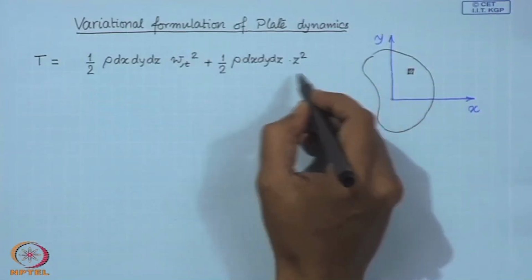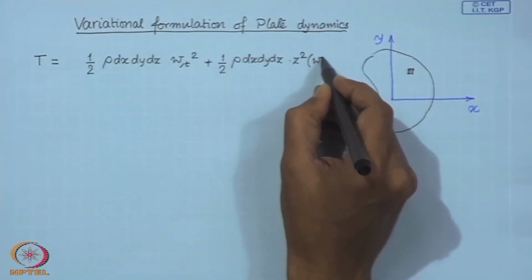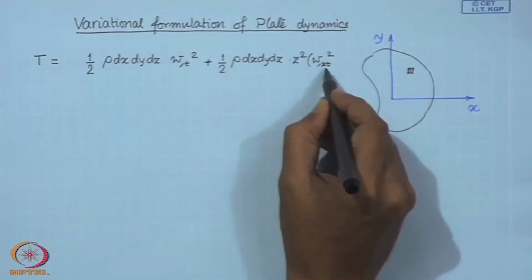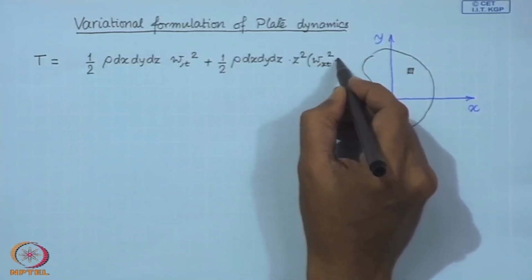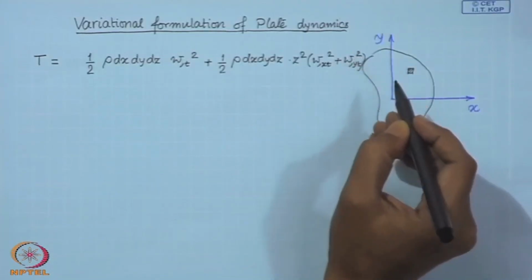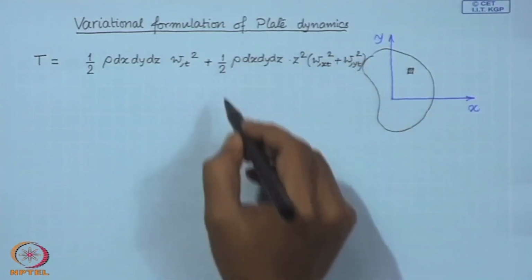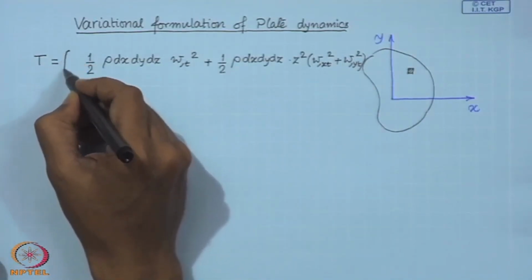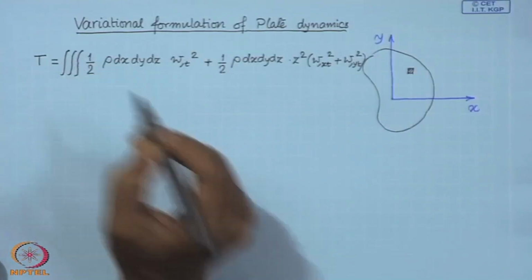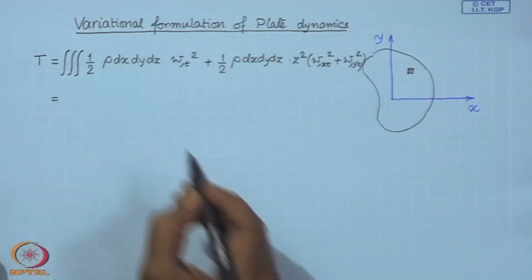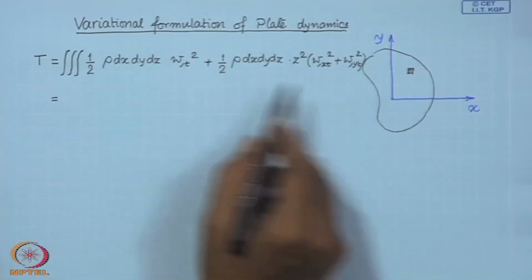Now, the angular velocity can be written, in the y direction, as del/del t of del w/del x, whole square. So, this is the contribution from the rotary inertia, and if you now integrate this over the complete volume of the plate, then we can obtain the total kinetic energy of this plate.